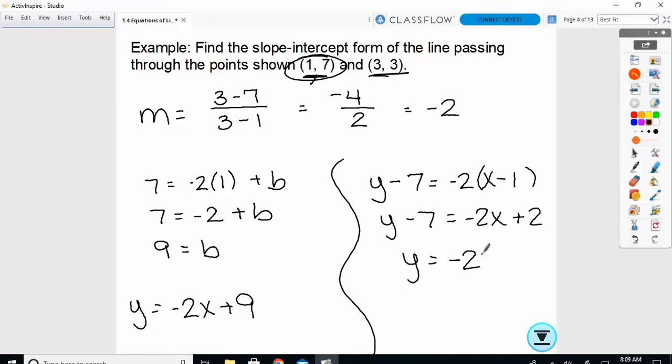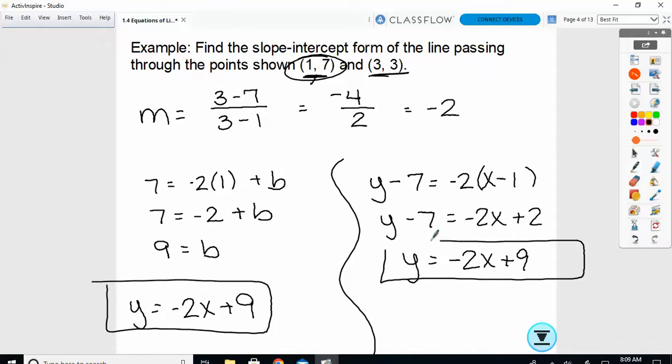Add over your 7, so negative 2x plus 9. So it saves you a step, but it's not required. How many of you prefer the second option, point slope? Okay. So most of my examples, I'll probably do y equals mx plus b since that's what the majority prefer, but you're welcome to use either way.